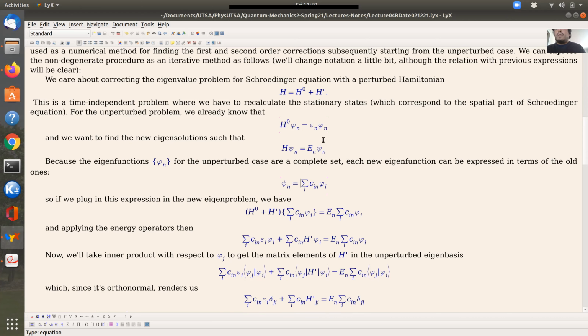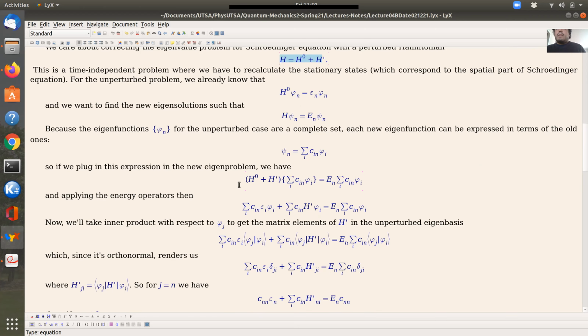Of course, on this part with H, with this formula, we have H psi n with this sum, equal to the new energies times psi n, which is in terms of the old ones. Now, we're going to apply the energy operator.